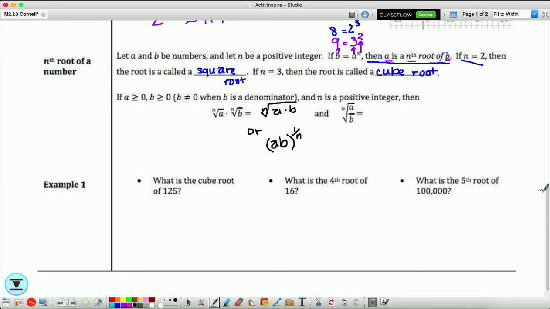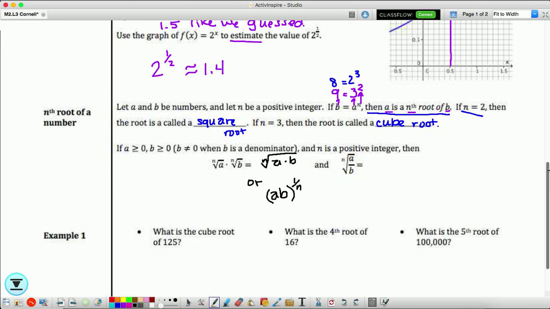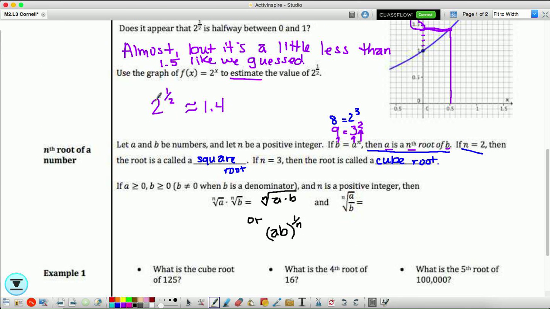So again, thinking back up here to our example, 2 to the 1/2 power is really the same as taking the square root of 2. And so the square root of 2, if you did put that into the calculator, I guess it just looks like this. If you were to do that, you would get approximately 1.4, which kind of goes along with our graph.